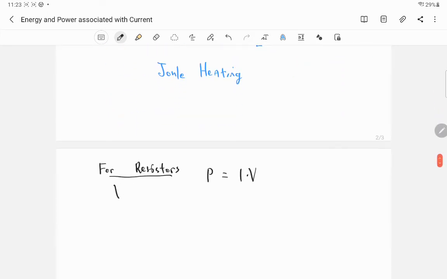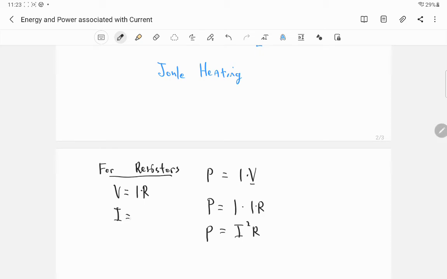But for resistors, the relationship between the voltage, the current, and the resistance is given by Ohm's law. So for resistors, you can replace the voltage with current times resistance. So it's I times R, or I squared R. This is a really convenient form for the power equation. Another thing you can do is solve for the current instead.